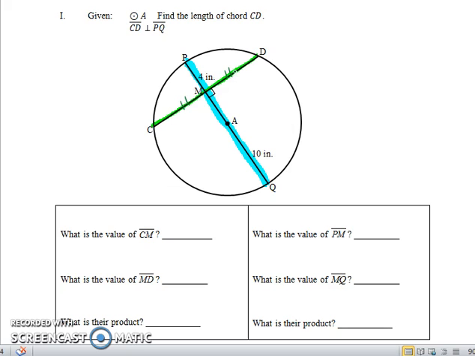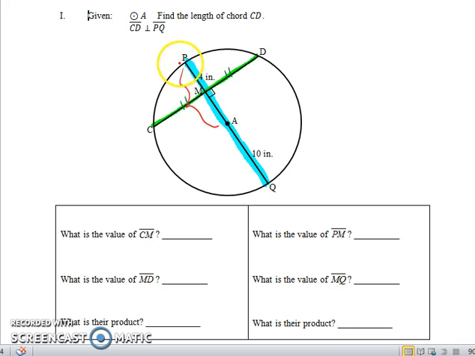Now, they are asking us to find the length of chord CD. In order to do that, we're going to have to use some triangles. So first of all, looking at the diagram, I know that from point A to point Q, we have a radius length 10 inches long. So that means that from point A to point P should also be a radius 10 inches long.